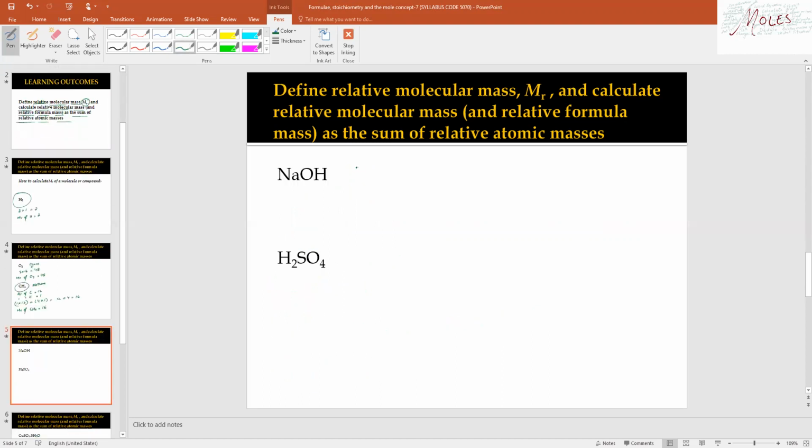Next example is of sodium hydroxide. Here you can see there's one atom each of sodium, oxygen, and hydrogen. First of all, we'll write the Ar of sodium, which is 23, Ar of oxygen, which is 16, Ar of hydrogen, which is 1.